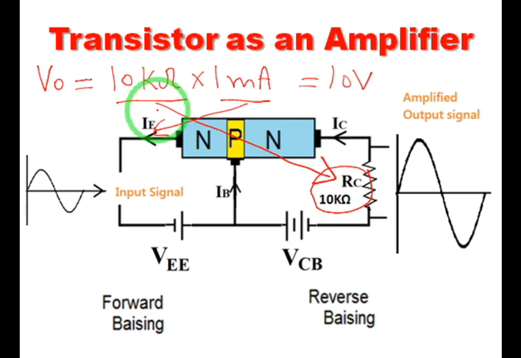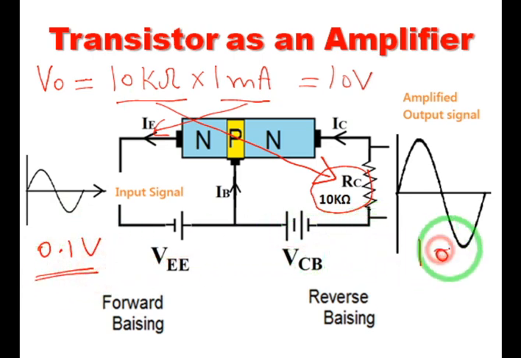Thus, we can say a weak signal of 0.1 volt applied at the input circuit appears in the amplified form of 10 volts. You can see here that a minute signal of 0.1 volt we are providing at the input is giving us the amplified form of 10 volts.